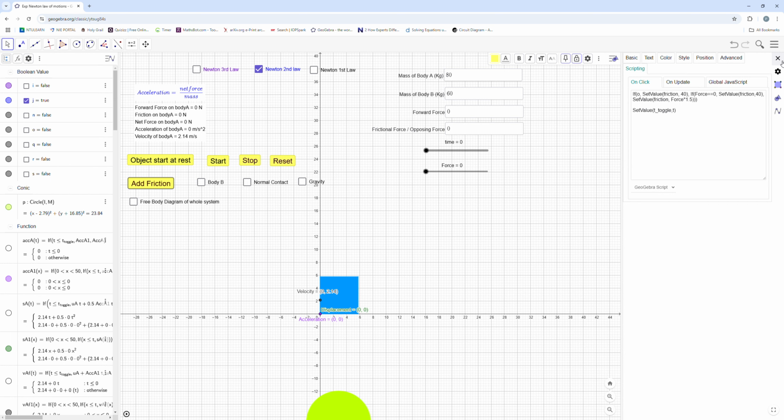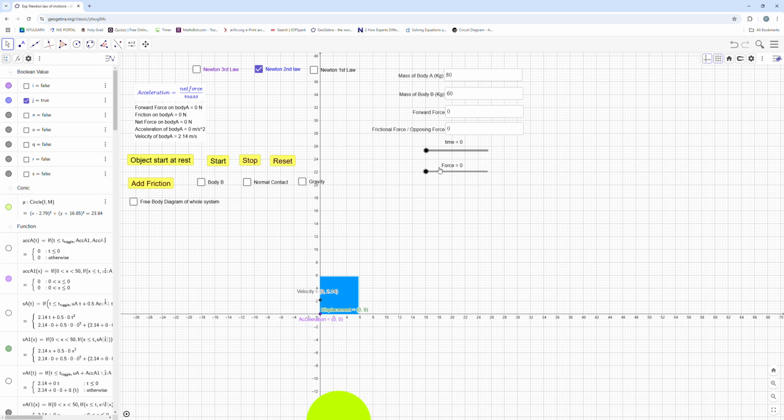So if I put 100 and add friction, it will be 150. I set it this way so that you have acceleration, then deceleration. Of course, if you don't want to click the button to add friction, you can use the input button as well.